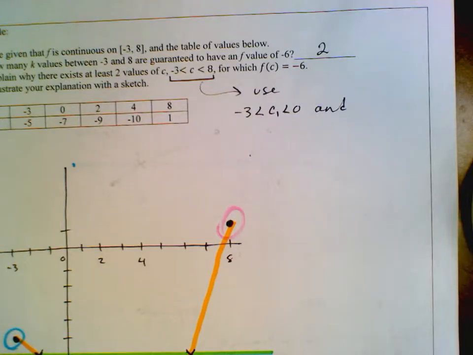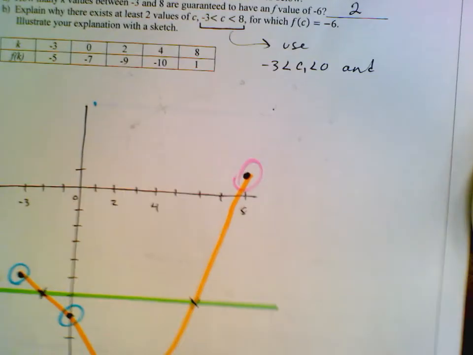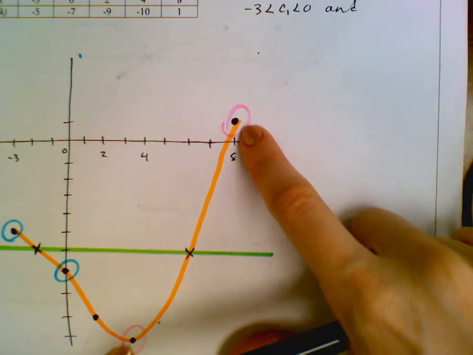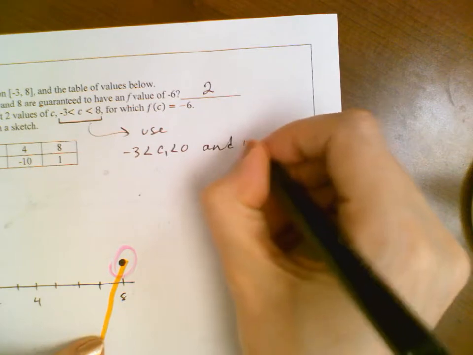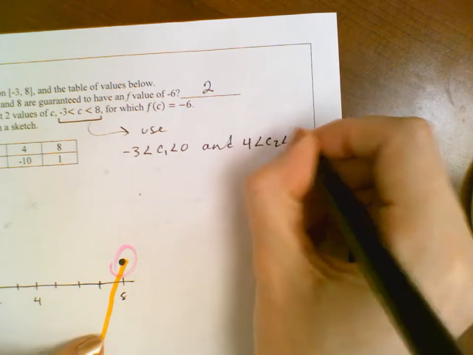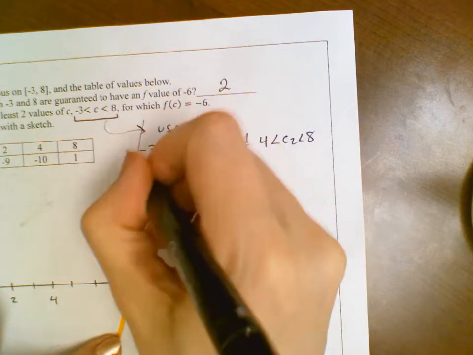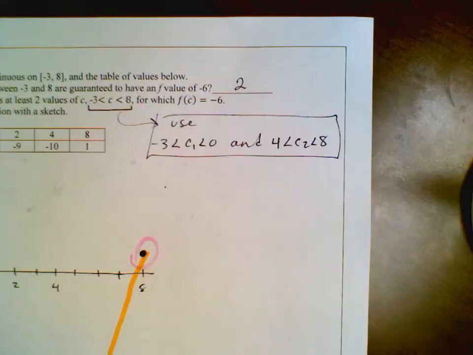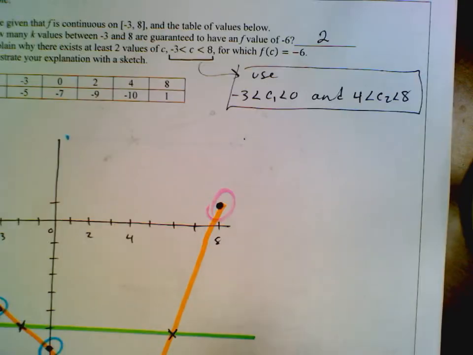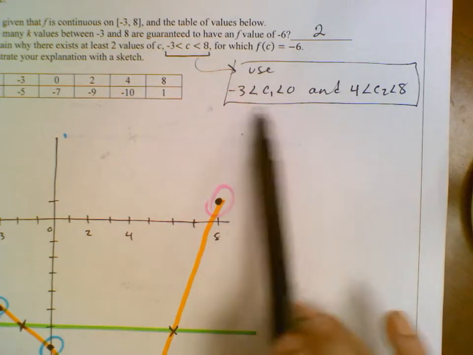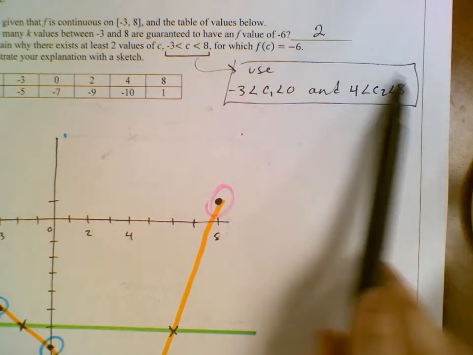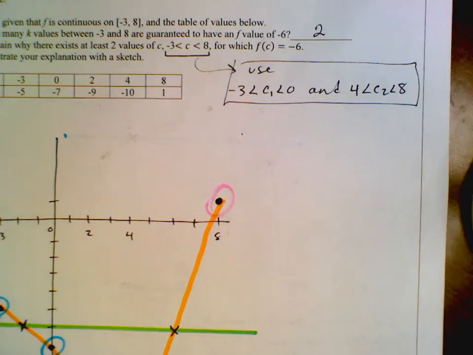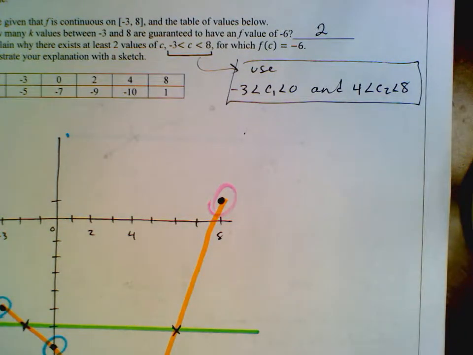Because we're going to have two C's, for the interval 4 to 8, we'll have 4 less than C2 less than 8. Okay, so we're going to use the IVT on this interval, and we're going to use the IVT on this interval. And we're going to put it together.